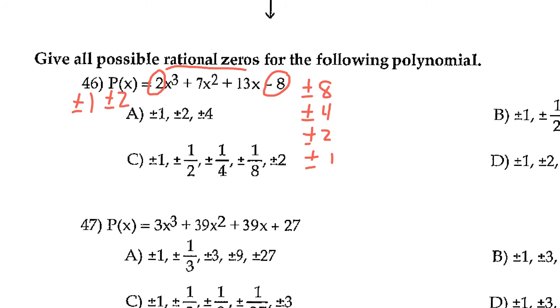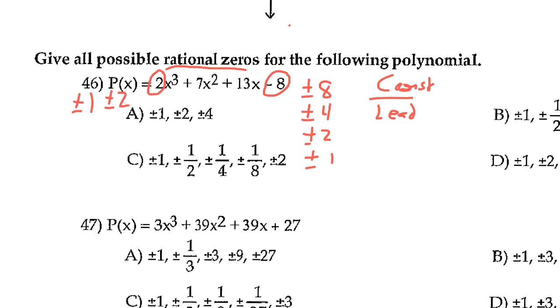Those are all the factors of 8. So now what we do is we consider all possibilities of the constant factors put on top of the lead term. I'll just use lead and constant, okay?